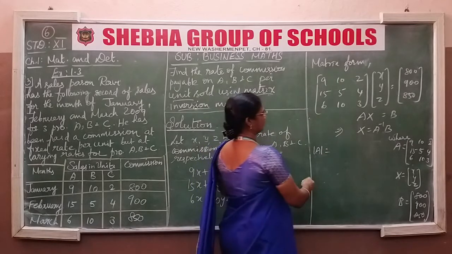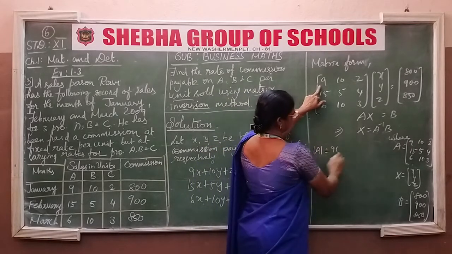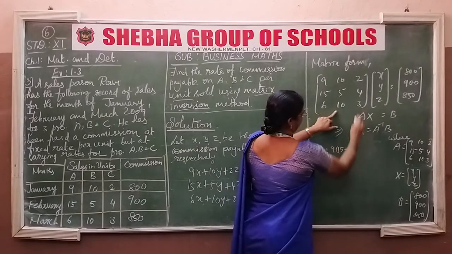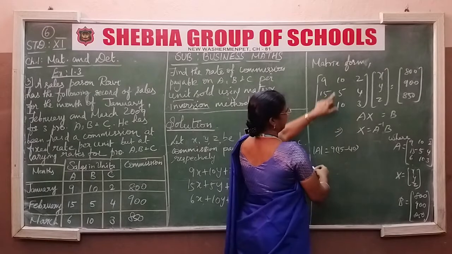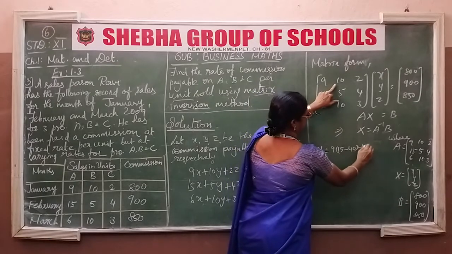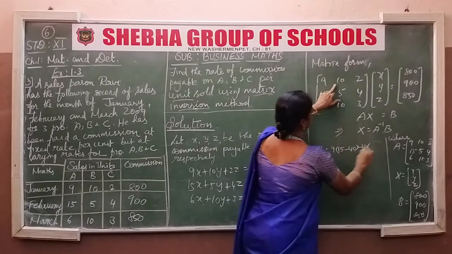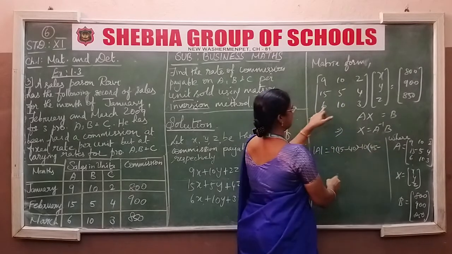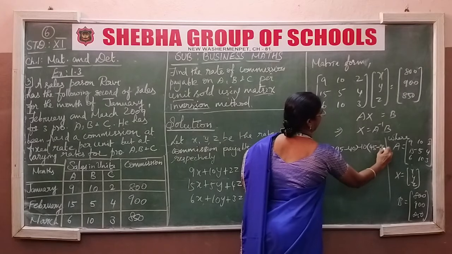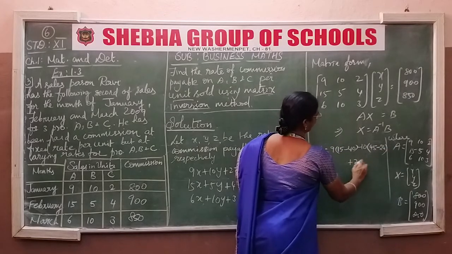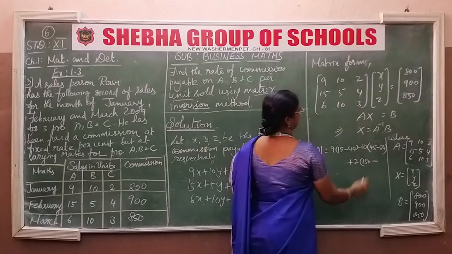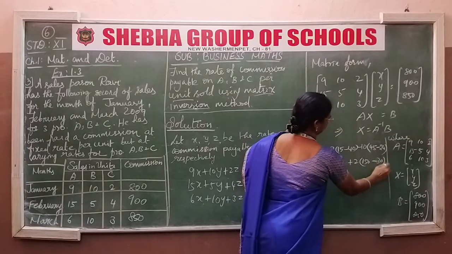Determinant A is equal to 9 into, write in bracket, 5 3s are 15 minus 40. Say, next minus 10 into 15 3s are 45 minus 6 4s are 24, and plus 2 into 150 minus 6 5s are 30.